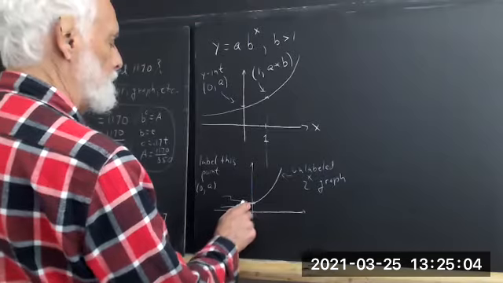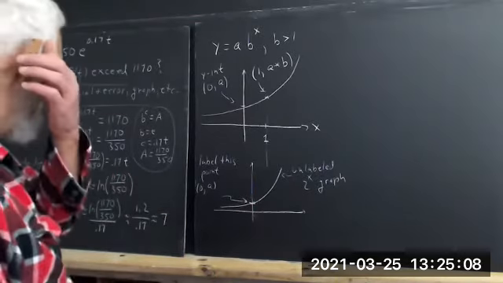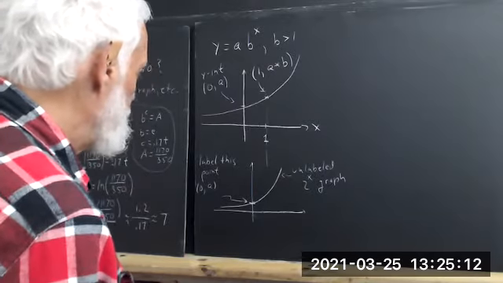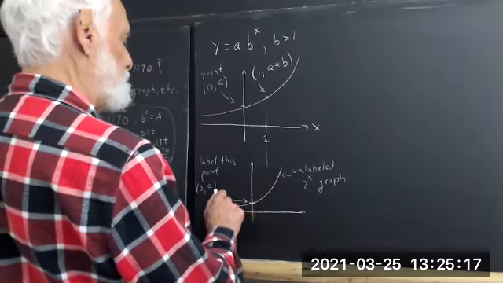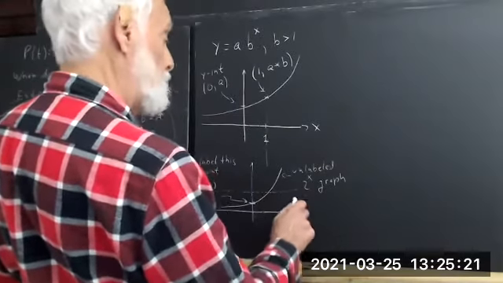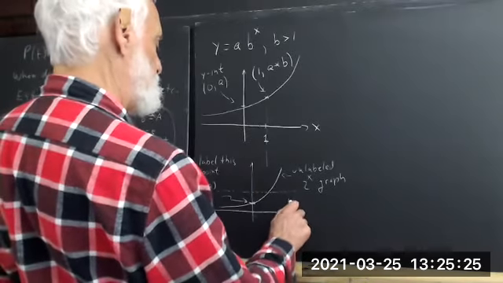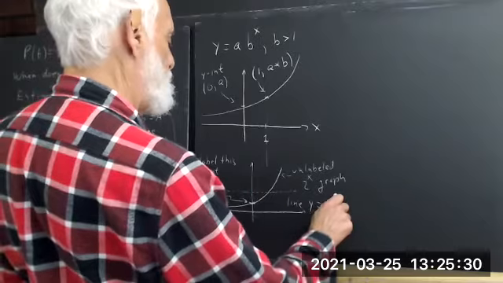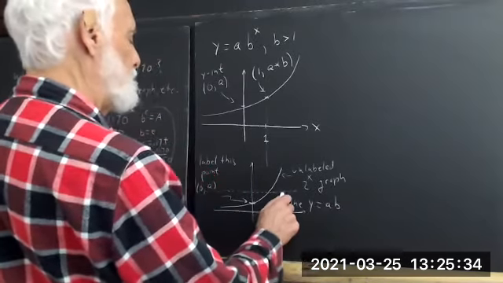Then this point is going to be (0, a). And then find the horizontal line y equals a times b.